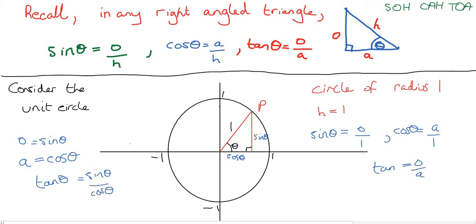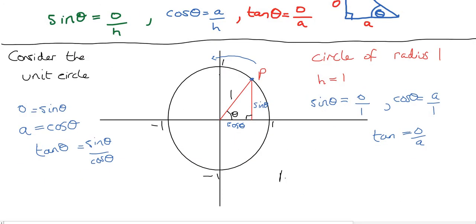Right. Now, what I wanted to talk about in this video is, as we move this point P around the circle anti-clockwise, so this way, the radius is going to stay the same, but the angle is going to change.